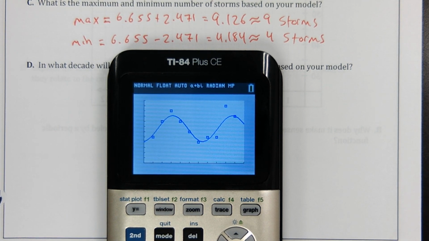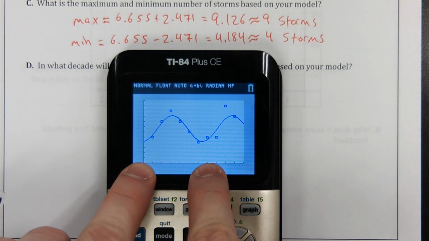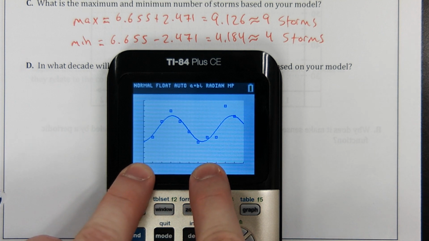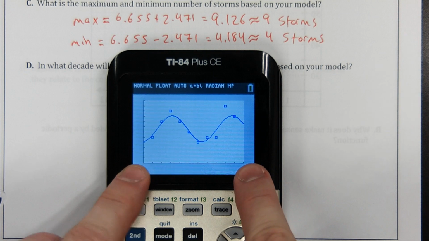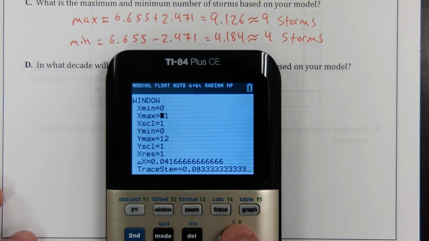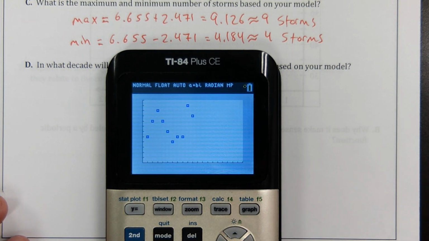Cool? Okay. From here to here, can we agree that this is roughly, I don't know, 6 or 7? So if we go out another 10, we know we'll capture another one, right? So if I go from 0 to, I don't know, 20. Next maximum is right there.